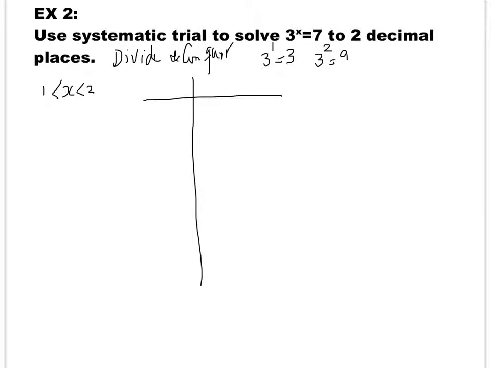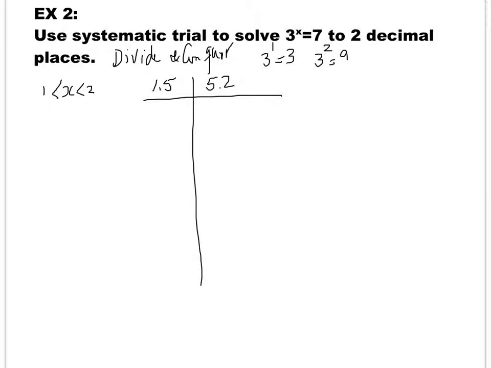It is 1 plus 2 is 3, divided by 2 is 1.5. Now I'm going to try 3 exponent 1.5. If you do that with your calculator, you get 5.2. You can see that 5.2 is less than 7. So this means your x value has to be greater than 1.5.